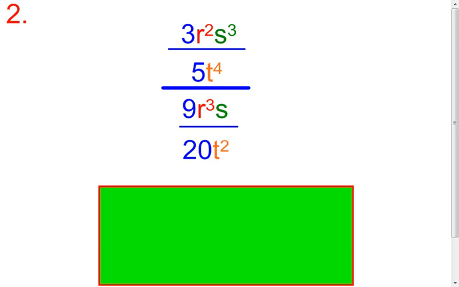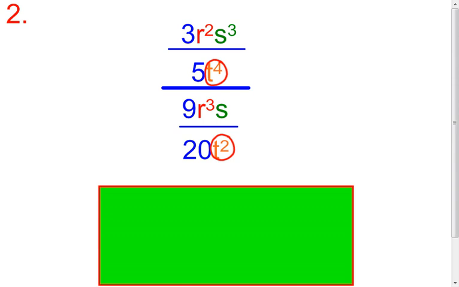All right. On the next one, I'm not going to go all the way through this one, but I do want you to pay attention to this fact right here. And that is that I have a t in the denominator right here that can't be 0. Okay? I have a t in the denominator right here also that can't be 0.